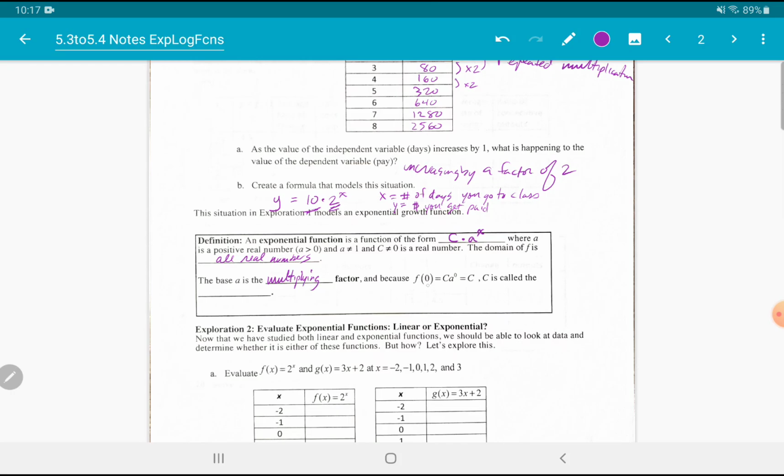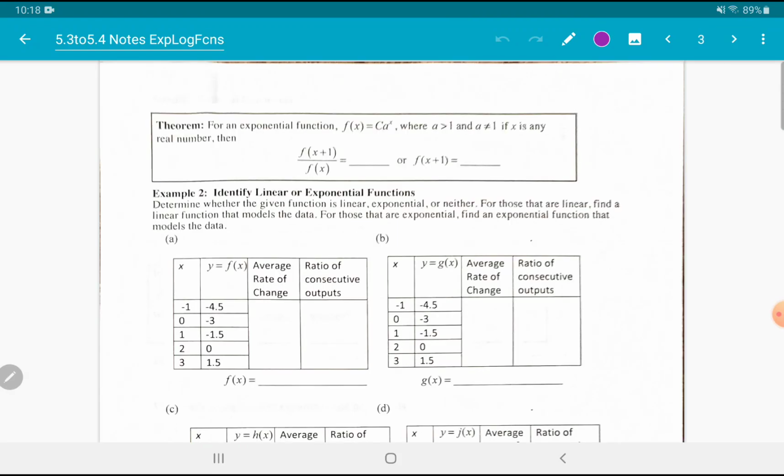And because f of 0 equals c times a to the 0 power, which is technically just c, c is called our constant, or you can also call it the initial value. c is also the initial value.